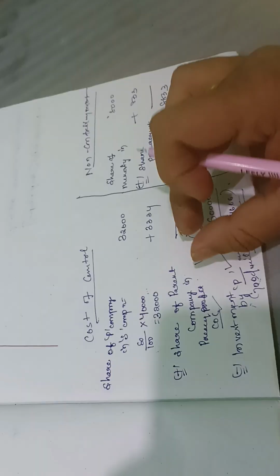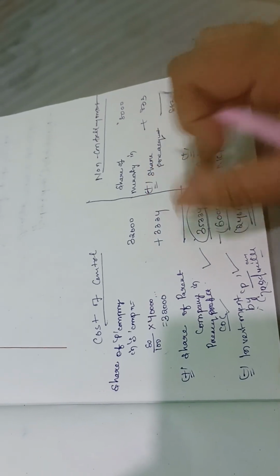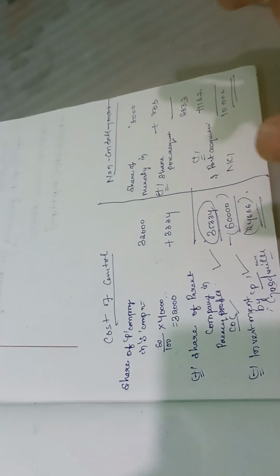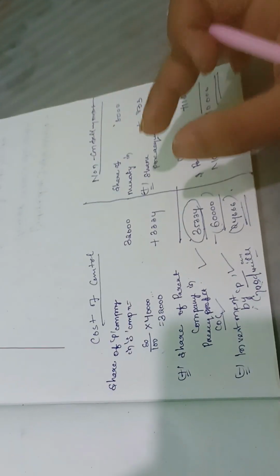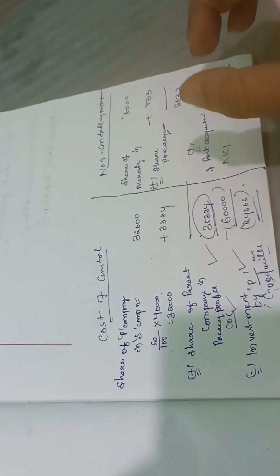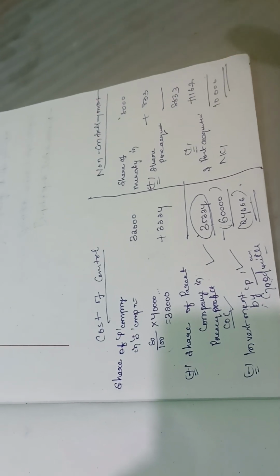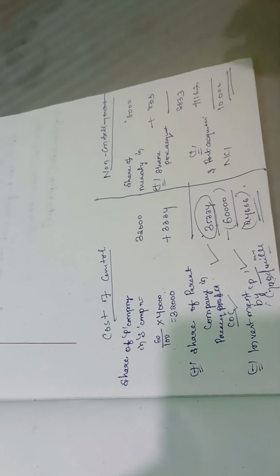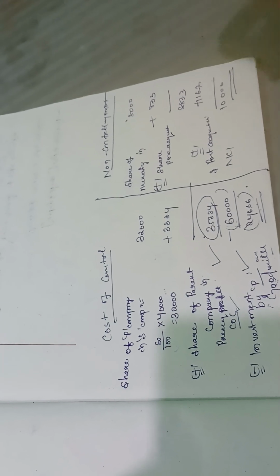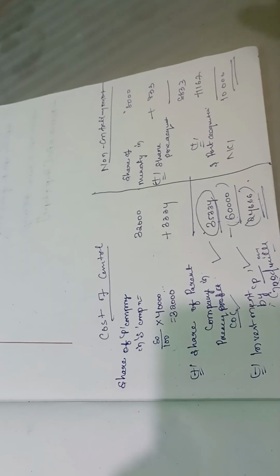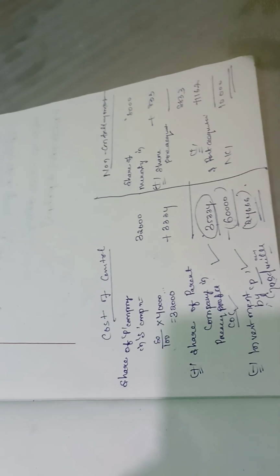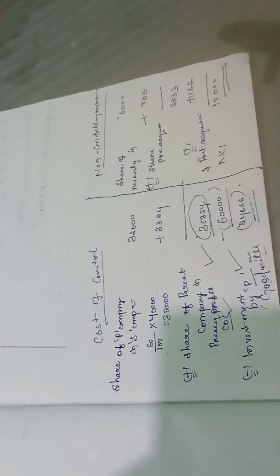If investment is more than cost of control, it is goodwill. If investment is less than the actual cost of control, it is a liability, so it will be taken to capital reserve, on the liability side of the balance sheet, as reserve is a liability item.